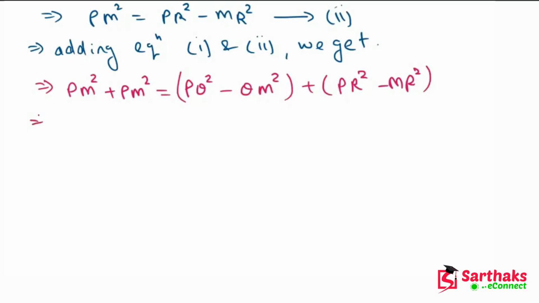So this will become twice of PM square, which is equal to, now here we can arrange this as PQ square plus PR square.